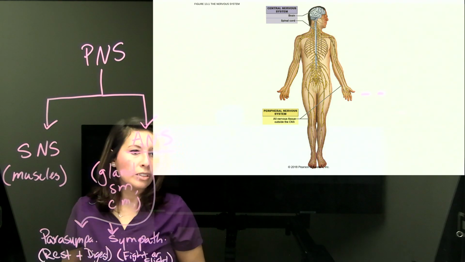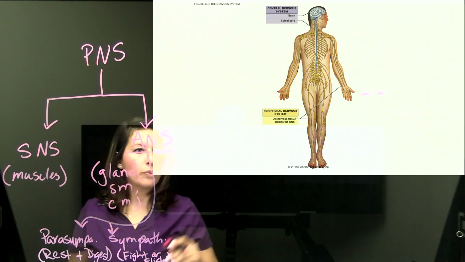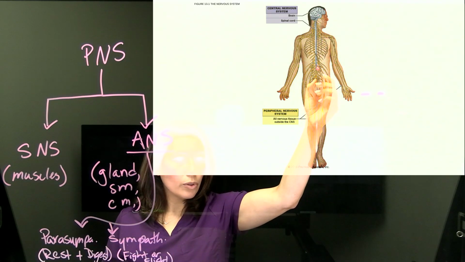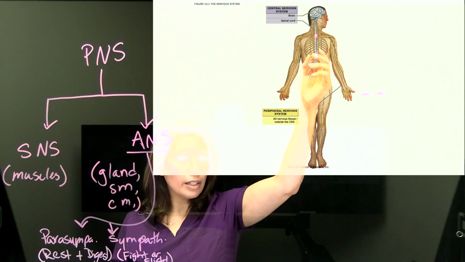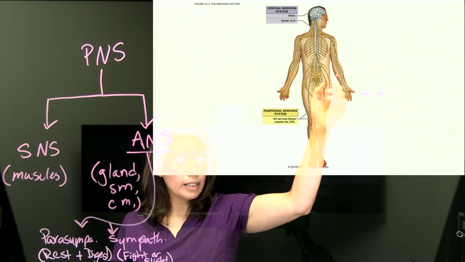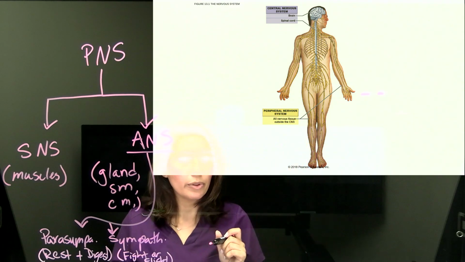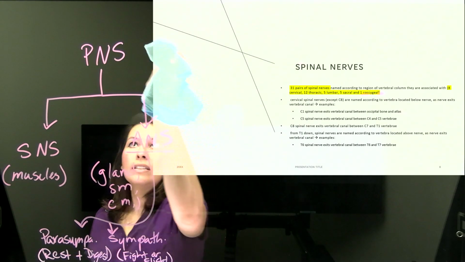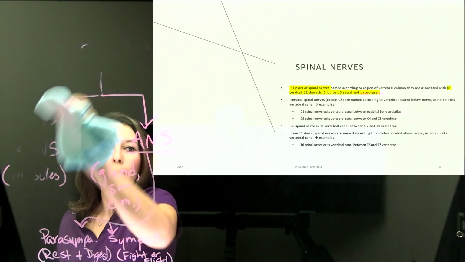Here is just an overview of where you would find the brain inside the cranial cavity, the spinal cord inside the vertebral cavity or spinal cavity, and then those spinal nerves that are part of your peripheral nervous system. Let's talk now about the spinal nerves.